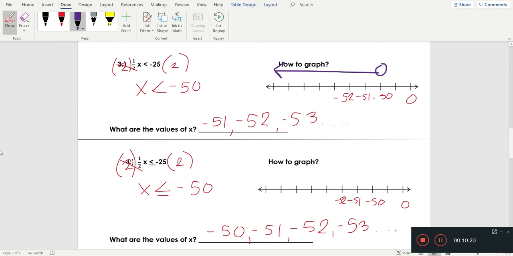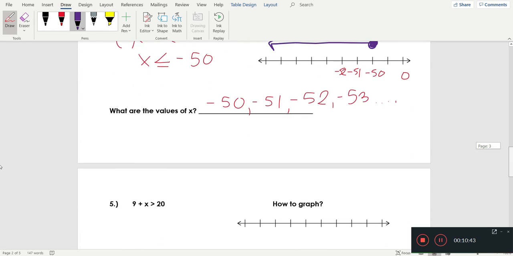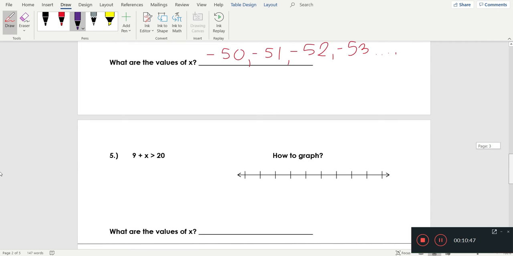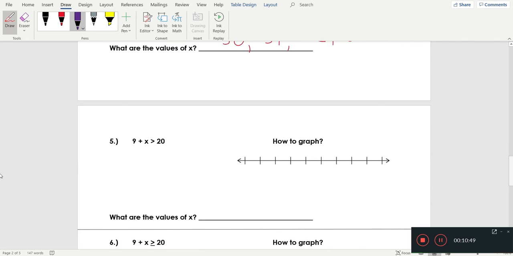It should now be a closed circle because negative 50 is included in the values of x because of the words equal to. Okay? So that's how you're going to graph the inequality for this equation. I hope I'm making sense. If you are still confused, give me an email and I can help you with your question.